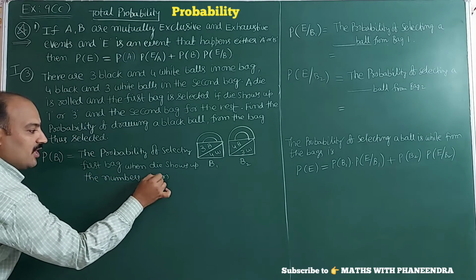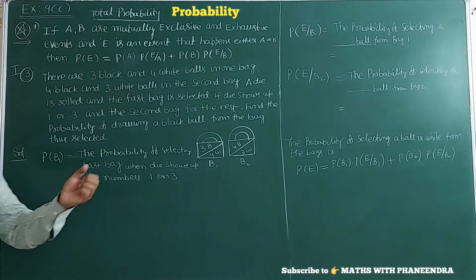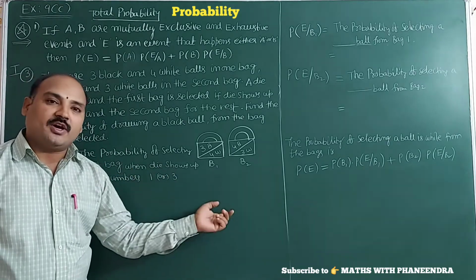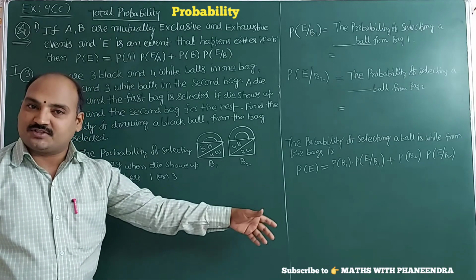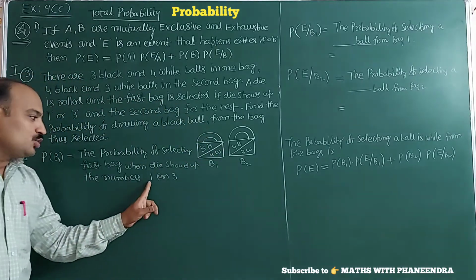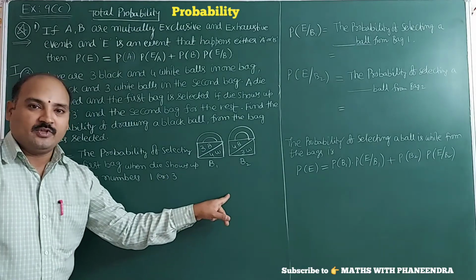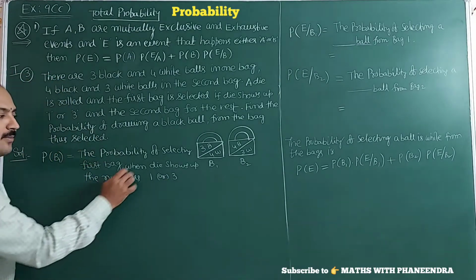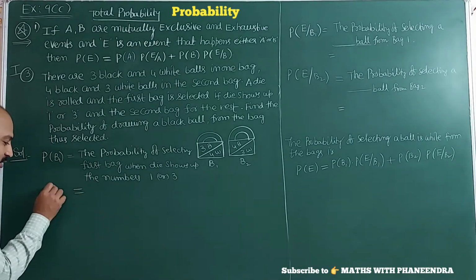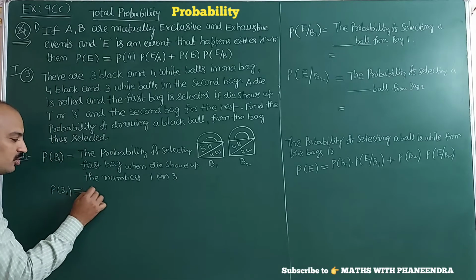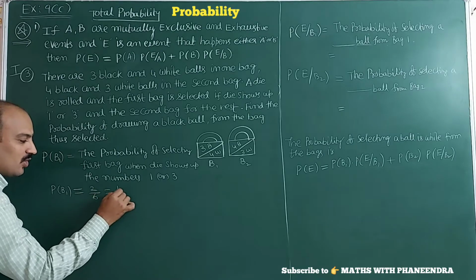So total, if you throw a die, you will get either 1 or 2 or 3 or 4 or 5 or 6. Among the 6, 2 numbers are turned up. So out of 6, 2 numbers, this probability P of B1 is equal to 2 by 6, which is equal to 1 by 3.